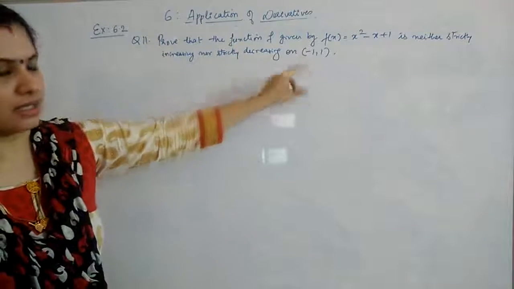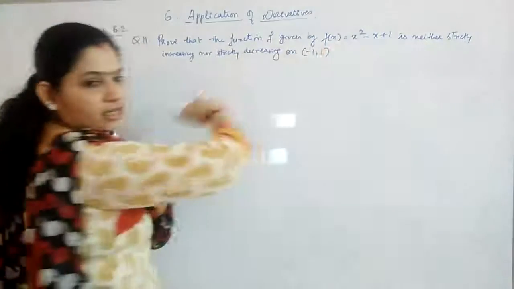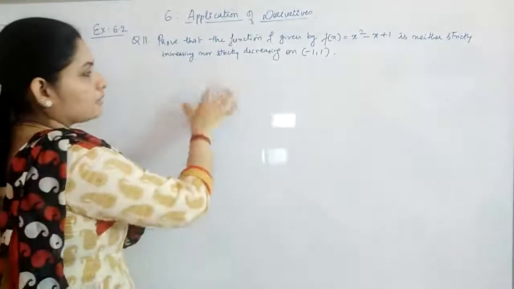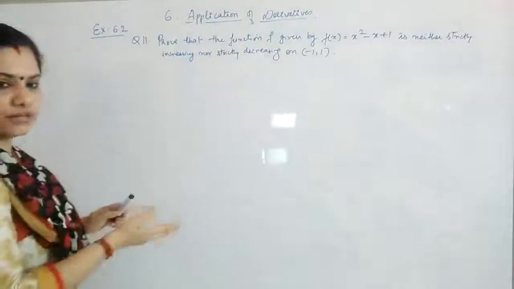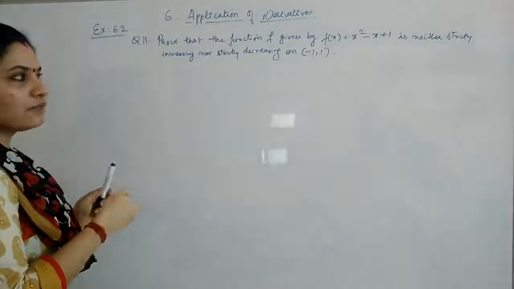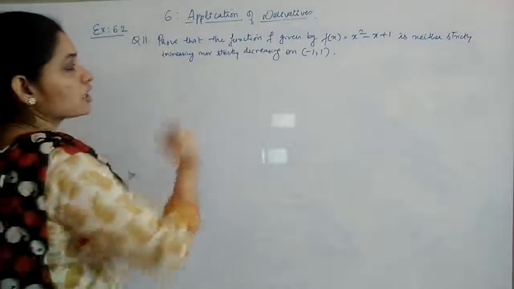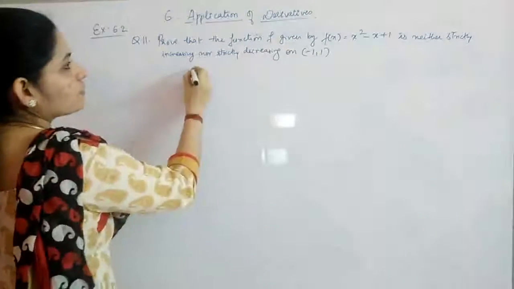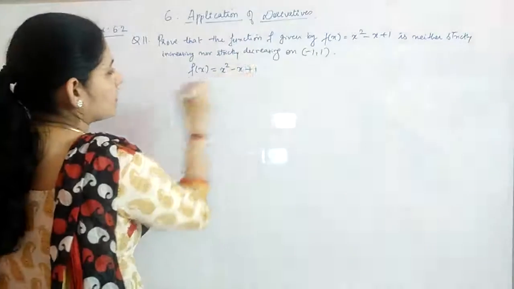For the same interval, after finding out the breakage where your f dash of x is 0, that will give you an x value, that will give you two intervals, and in both the intervals if you have different things, that is one is giving you f dash greater than 0 and the other one is less than 0, then you will say that the function is neither increasing nor decreasing in the whole interval, okay. So first we will start with f of x equal to x square minus x plus 1.